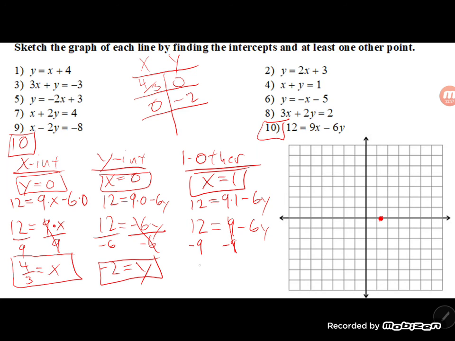And then 12 minus 9 will be 3 is equal to negative 6 times y. How do I get rid of the negative 6 that's multiplying y? I'm going to divide both sides by negative 6. My negative 6's will cancel. And y will be set equal to 3 over negative 6, or just negative 1/2, is what that fraction will reduce to. So y is equal to negative 1/2 when x is equal to 1.